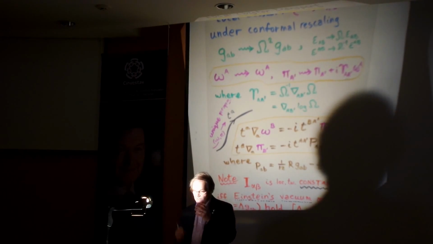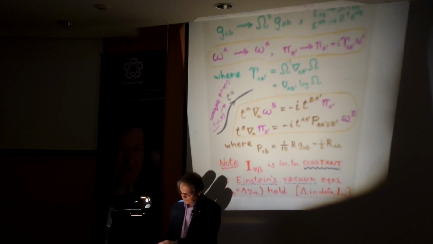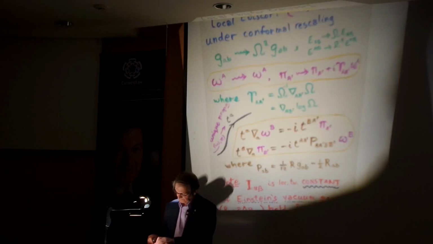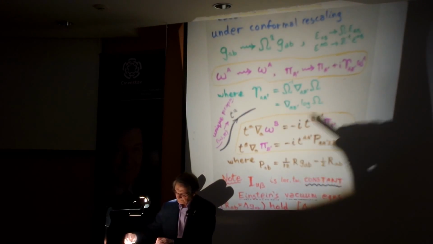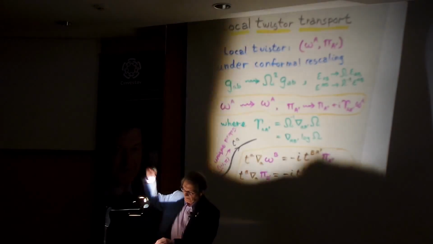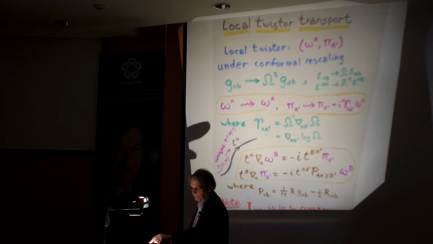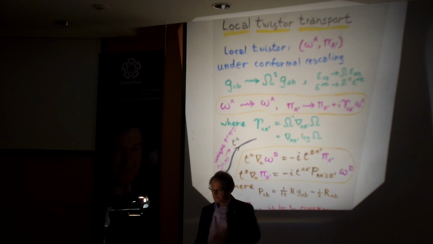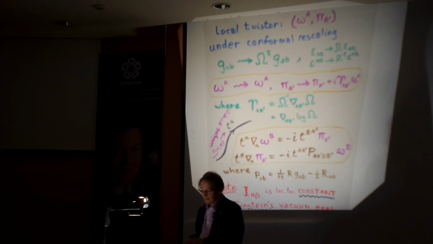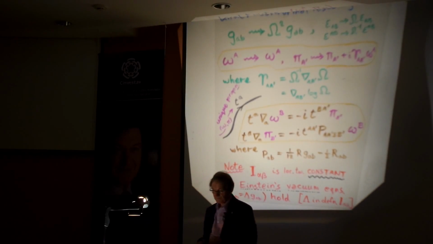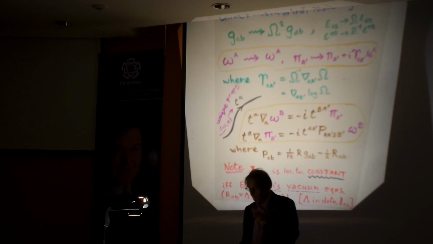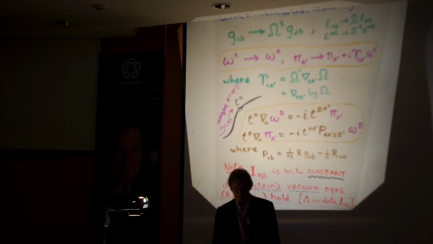Anyway, you now allow the infinity twistor to be defined in your local twistor space, and as you move around, that local twistor space might rotate because of the presence of conformal curvature, but the infinity twistor is constant if and only if the Einstein vacuum equations hold.